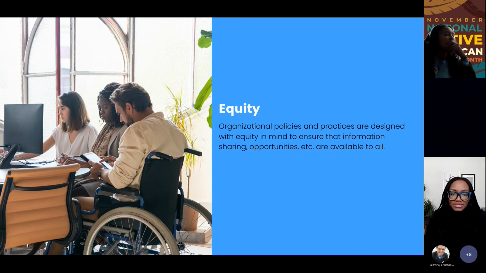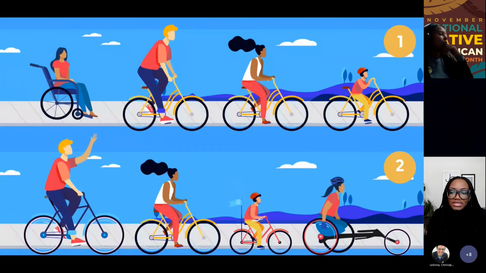And so, in a business context, that means that your organization's policies and practices are designed with an equity lens to ensure that information sharing, opportunities for advancement, support resources, all of these things are available to everyone in your organization, regardless of what their background is. And so, I also have an illustration for equity.